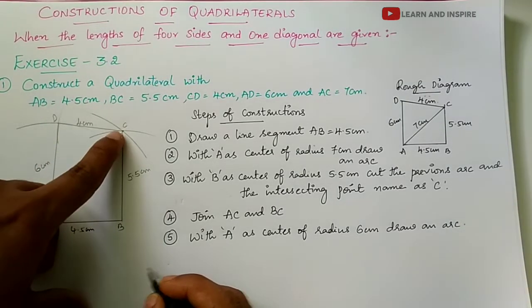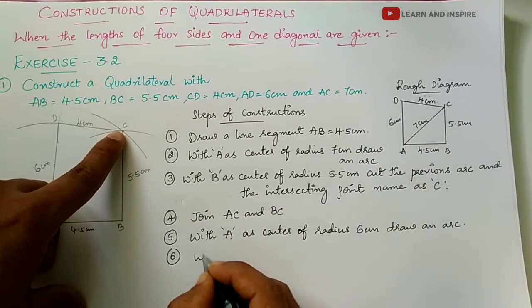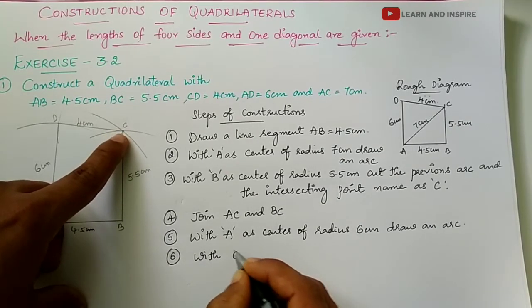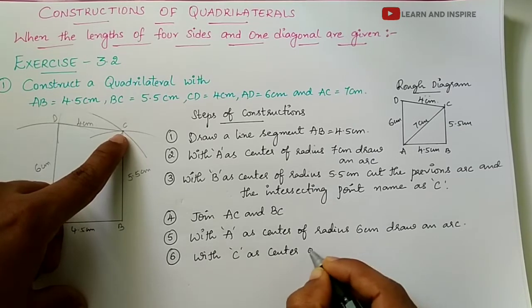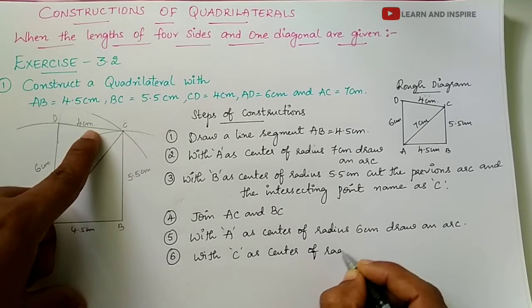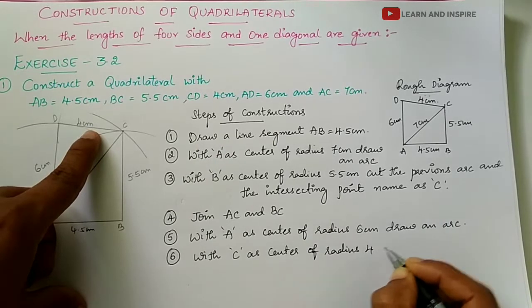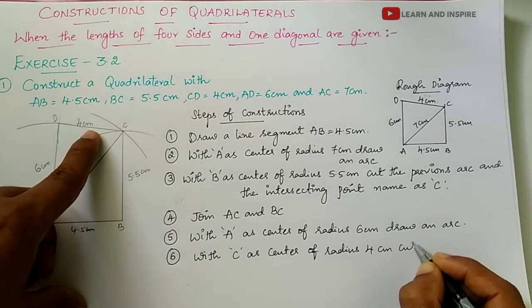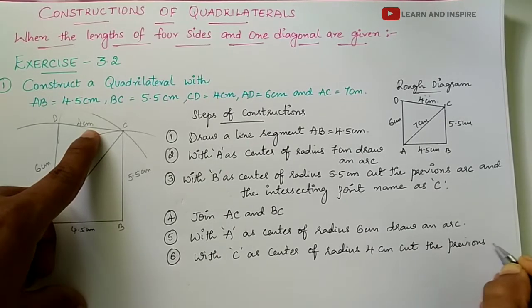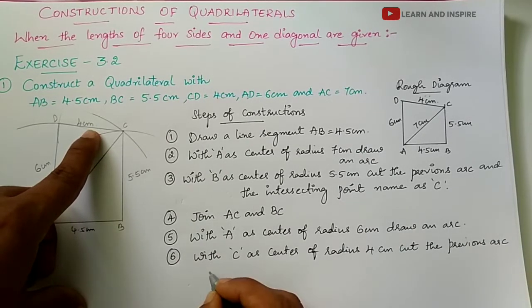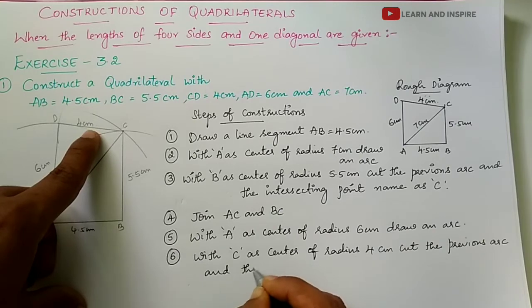Next step, with C as center of radius 4 centimeters, cut the previous arc and the intersecting point.